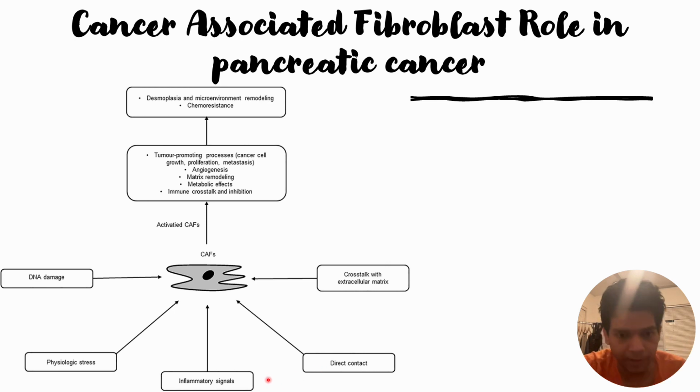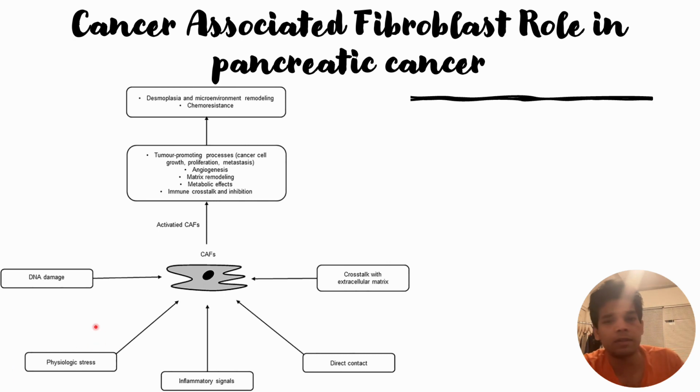It will also generate inflammatory signals, whose usual function is to support the immune system. However, the cancer-associated fibroblast produces immune signals in a way that supports tumor growth, such as an autoimmune response that further supports tumor aggressiveness.